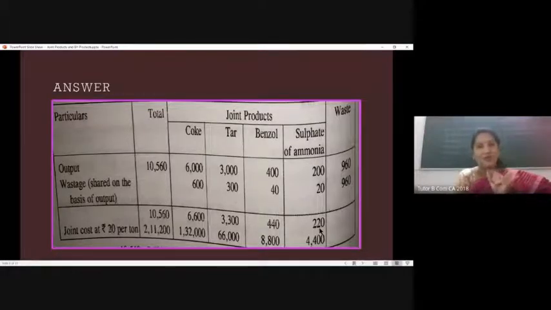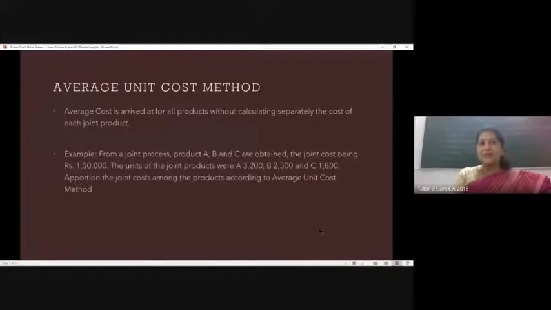So the keyword to remember here is that volume is the basis for apportionment. The volume of joint products is the basis for apportionment, right? Now, going to the next method, we will quickly first discuss all four methods which I'm planning to discuss in today's class, and then we'll try working them out.